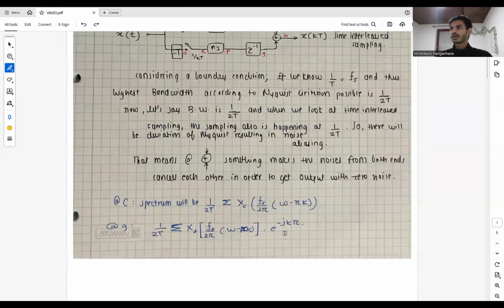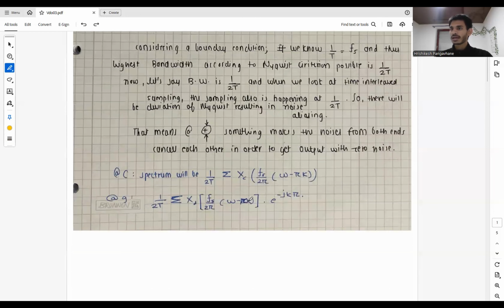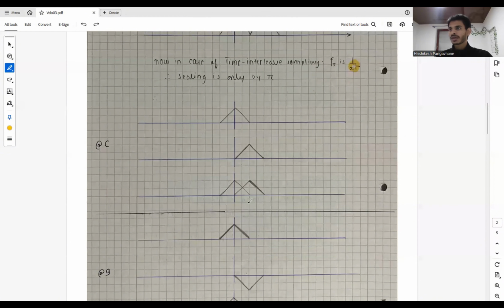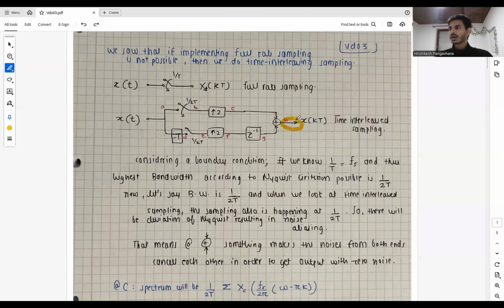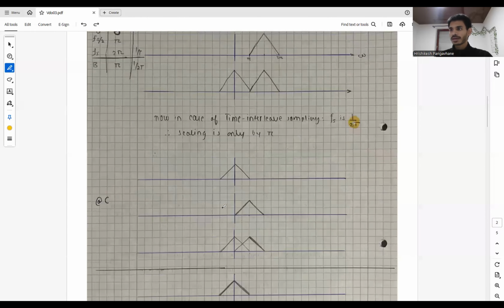So basically in our time interleaved sampling, this is our channel 1, and this is our channel 2, and both channels will have some noise aliasing, and we need some sort of system which cancels out the noise at this node in order to get no noise at the edge.